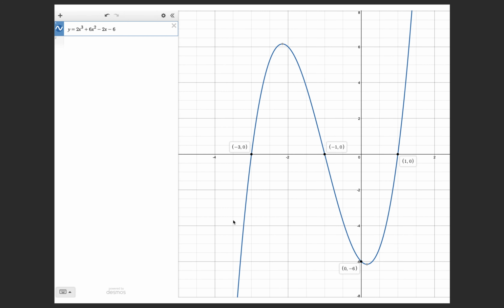And we have on display the graph itself, with the x-intercepts negative 3, 0, negative 1, 0, and 1, 0. And again, the y-intercept is at 0, negative 6. Now, we're going to soon be looking into the end behavior of the graph of a function.